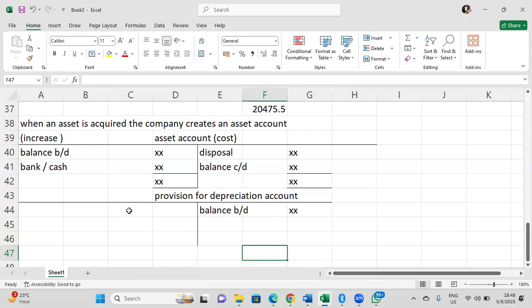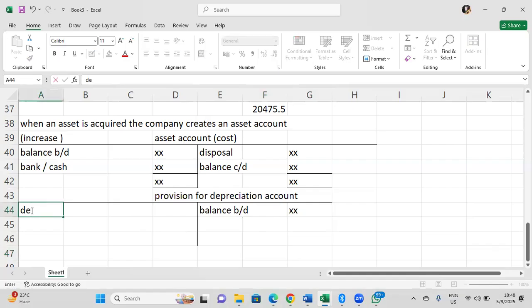Then on this side we put disposal. What is disposal? It's the depreciation of the asset we sold from the day it was bought.